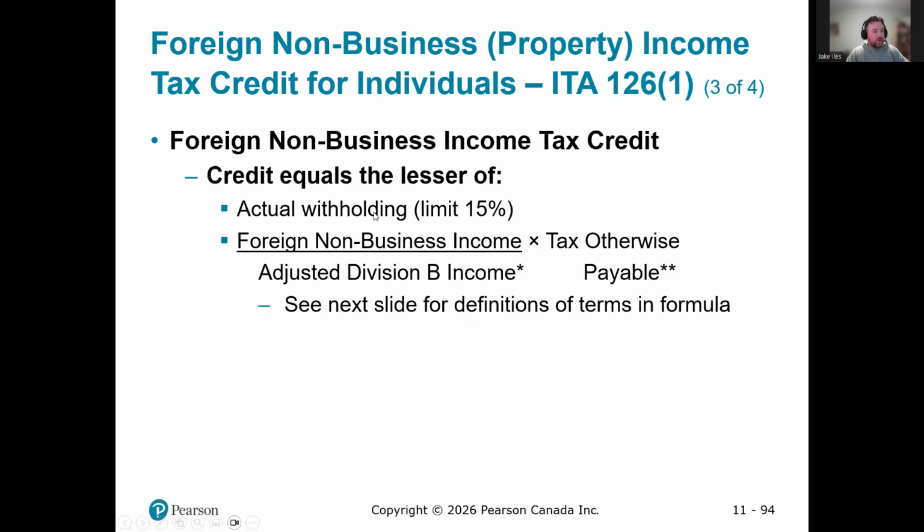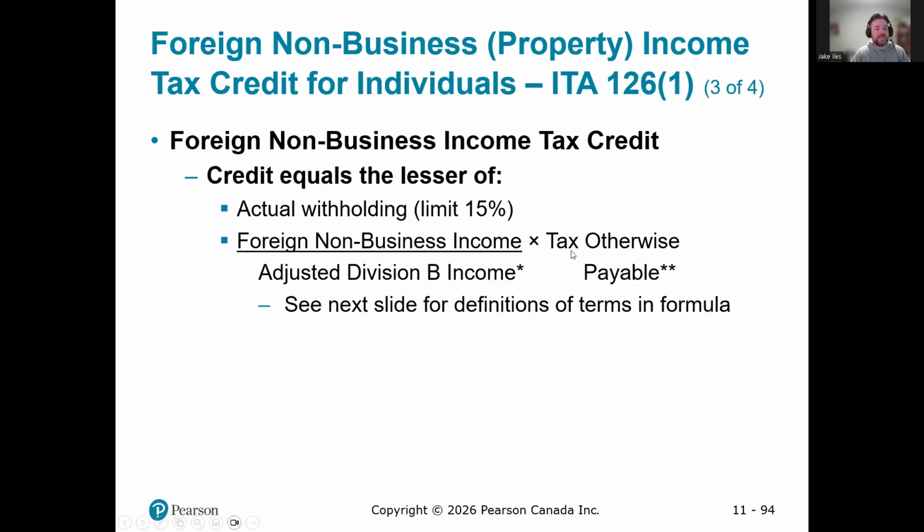Now the withholding amount of 15% is not always the correct calculation of how much Canada would have taxed. So the credit equals the lesser of the actual taxes that were paid, or foreign non-business income as a portion of your adjusted Division B income. How much of your Division B income was foreign non-business? That creates a percent.